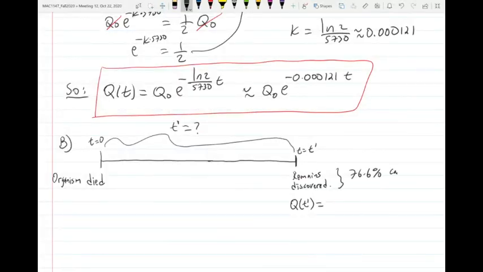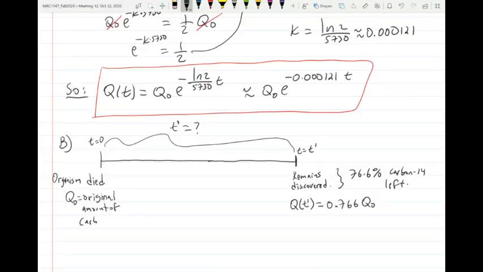76.6% carbon-14 left. So that means that the amount of carbon-14 is going to be 0.766 times whatever the initial amount was. Do you understand this? At this point in time, the amount of carbon-14 is 0.766 of the original amount. Remember, Q0 is the original amount of carbon-14, the one that the organism had before dying.